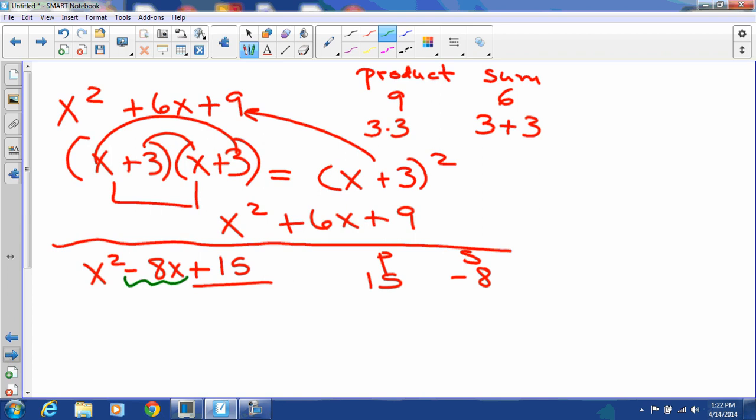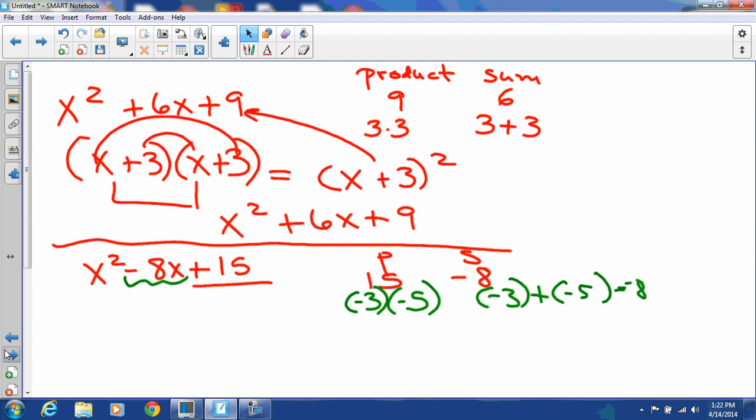So I'm thinking of two numbers who are both negative to give me a product of positive 15 and a sum of negative 8. I'm thinking negative 5 times negative 3 is positive 15, and negative 3 plus negative 5 is negative 8.